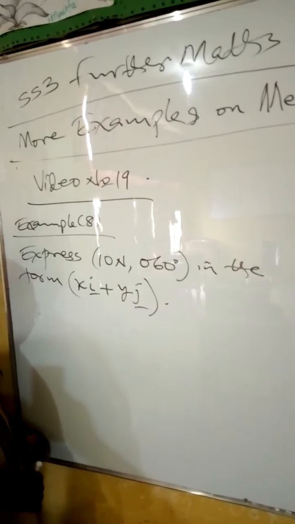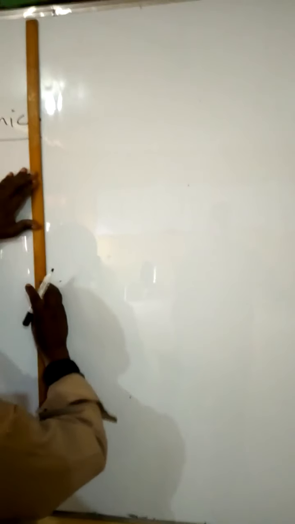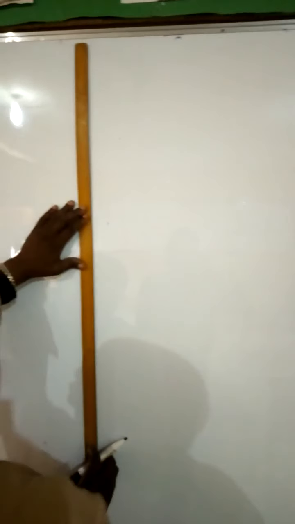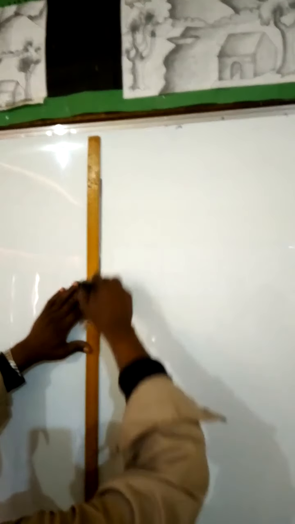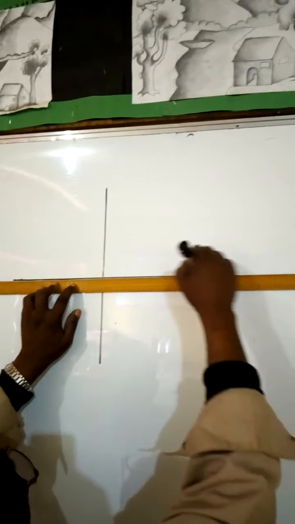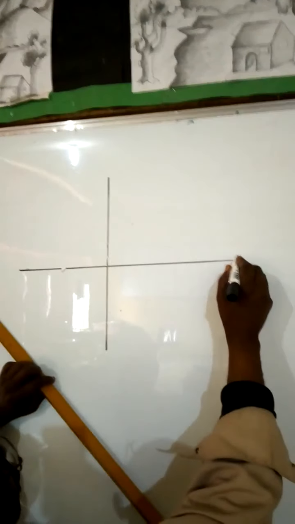So what we do is draw the four cardinal points, to show the x and y axes, showing both the positive and the negative directions of both axes.